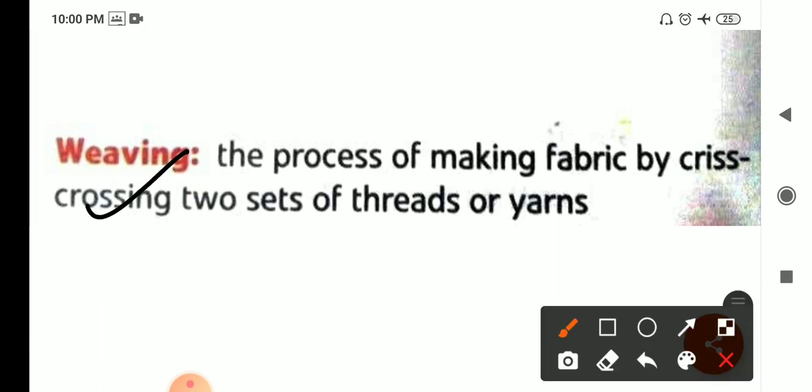And we have already practiced this process with the help of that paper strip also, haina? That was the activity. In that also we were showing weaving. Okay, now next.